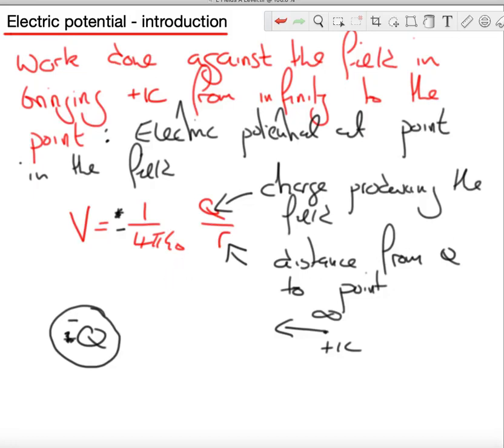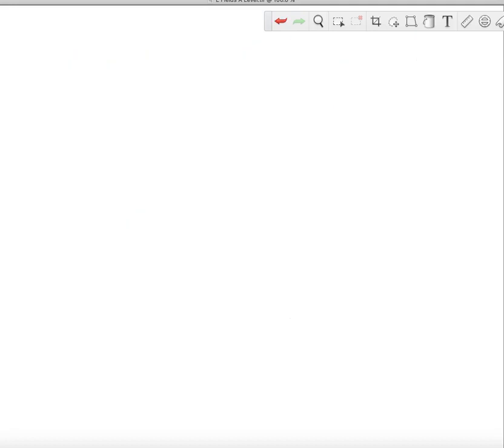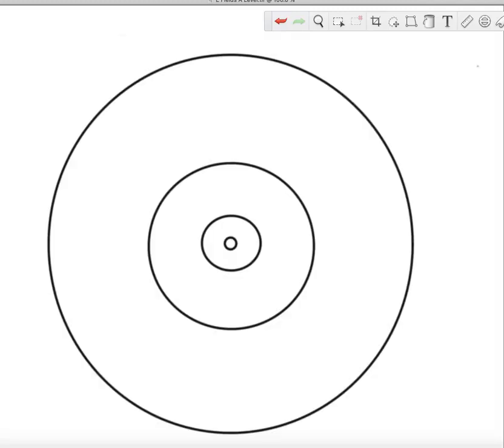So let's look a little bit in detail at the field lines, so the potential in the field. Here's our charge, and here are 3 concentric circles around our charge.